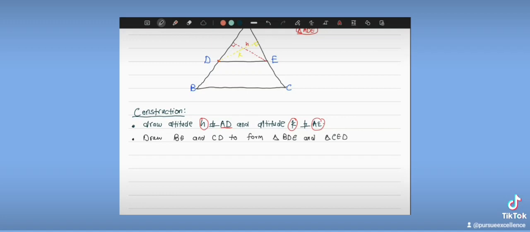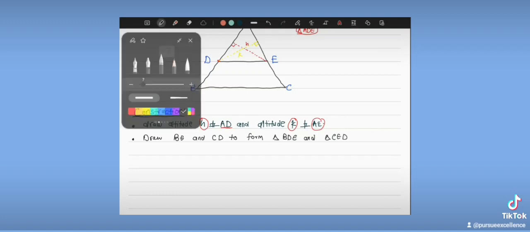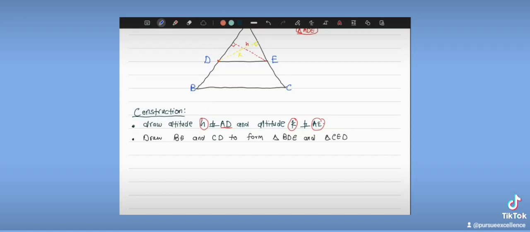All right, here we go. You can check here, guys. I'm going to move slowly so that this presentation can favor you all. So we need to draw the lines BE and CD to form the triangle BDE and the triangle CED.